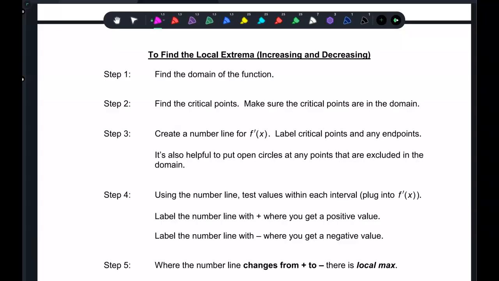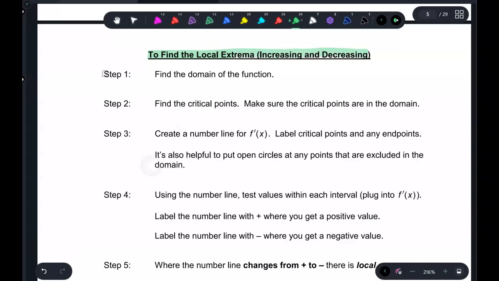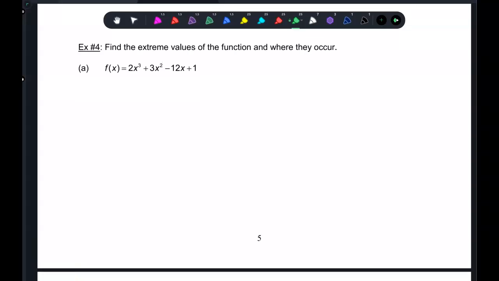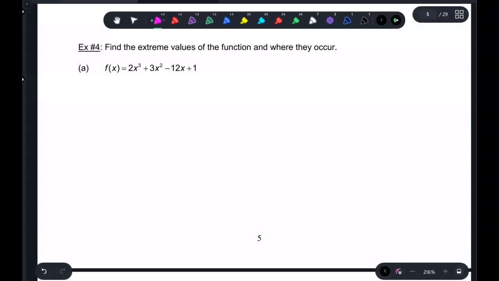Previously, the domain was always given. With these problems, the domain is not always listed, so that's going to be our step one. I'm going to jump down here. This is just a polynomial function, so what is our domain? All reals. So I'm just going to make a note.